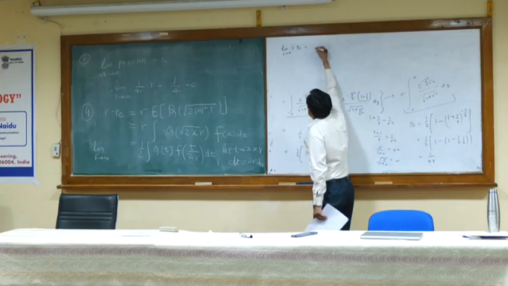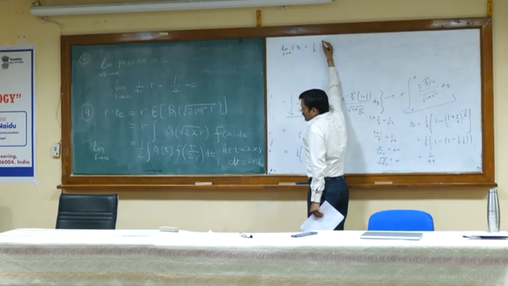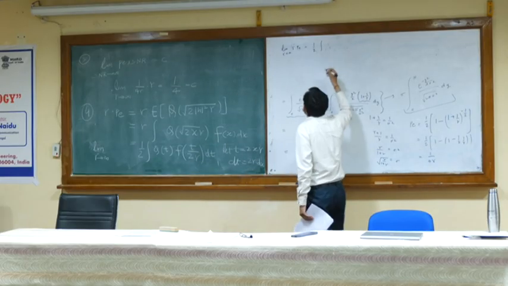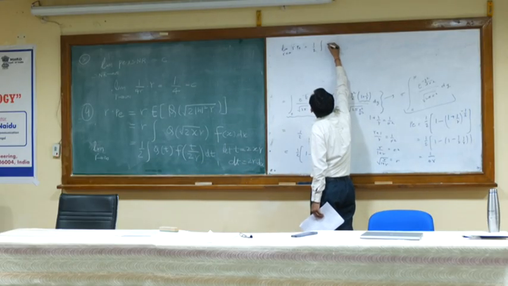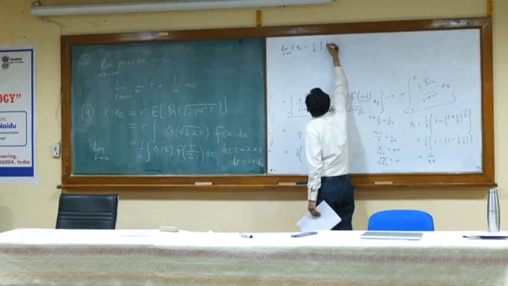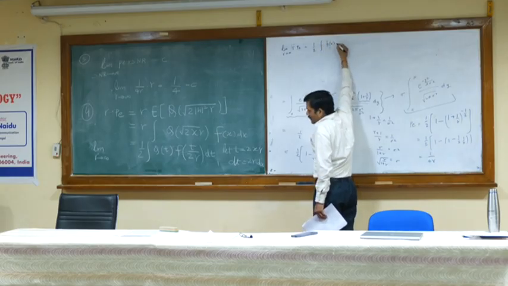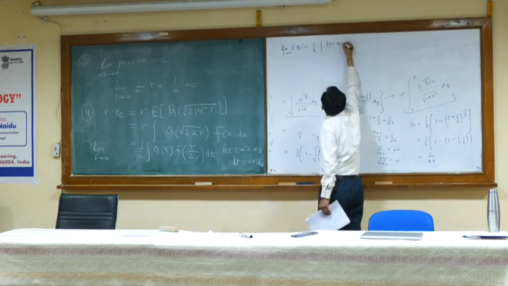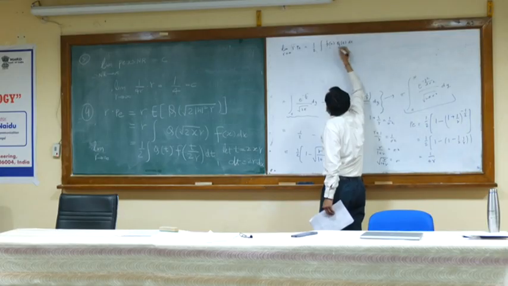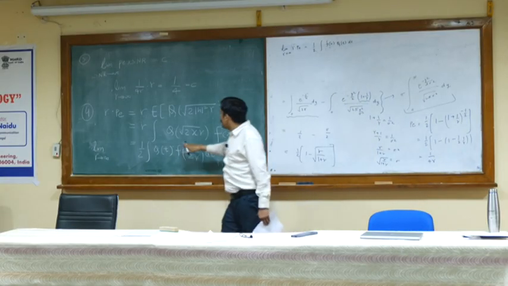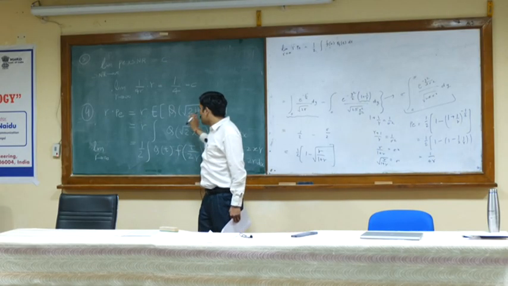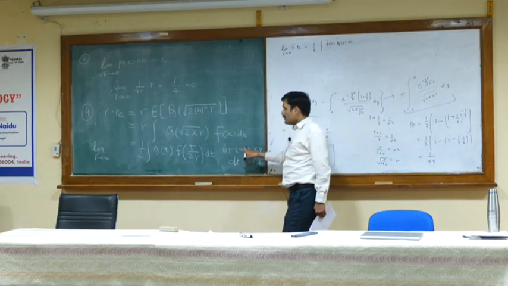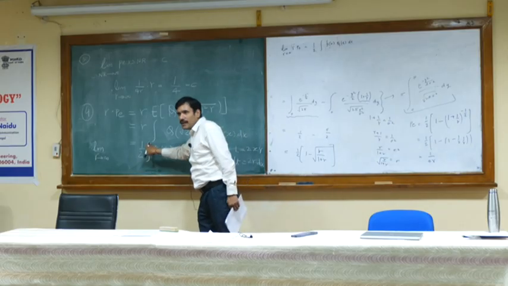We have 1 by 2, and as gamma tends to infinity, this will go to 0. So f0 will come outside, and we have Q of t dt. This H square is a positive quantity, so the limit here will be 0 to infinity. Here we have made a change of variable, but the limit still remains from 0 to infinity.